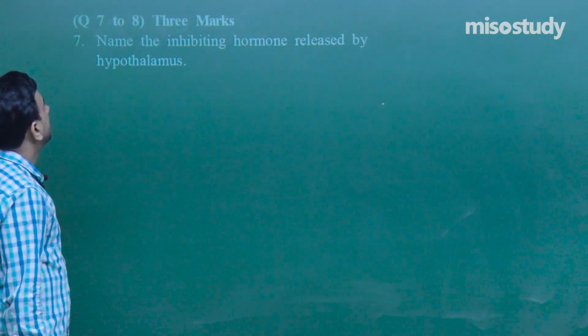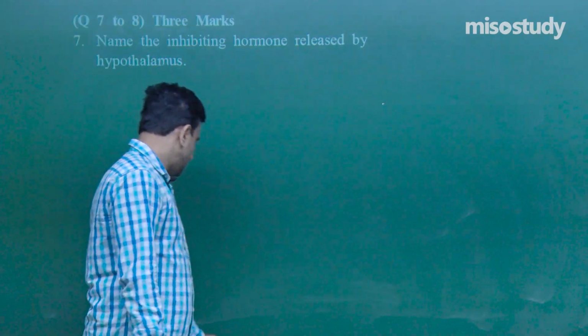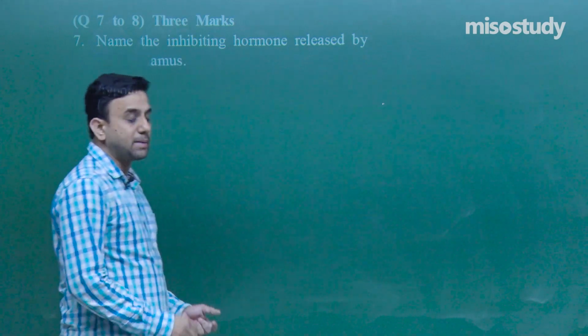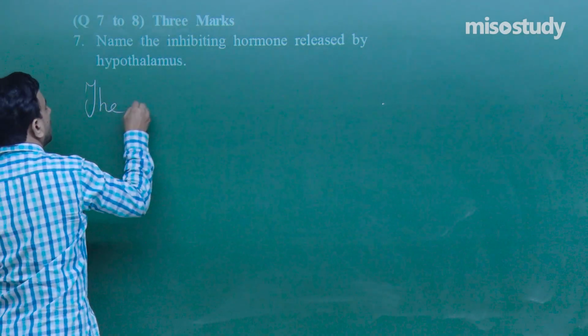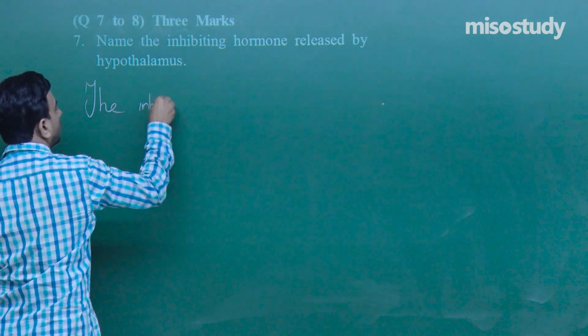Next, name the inhibiting hormones released by the hypothalamus.